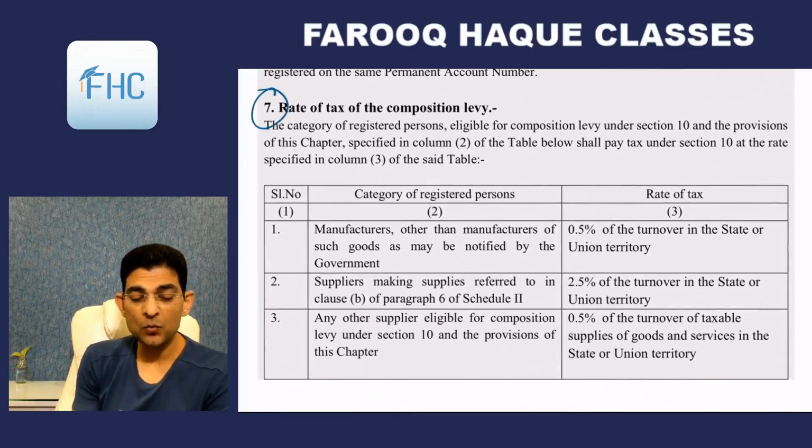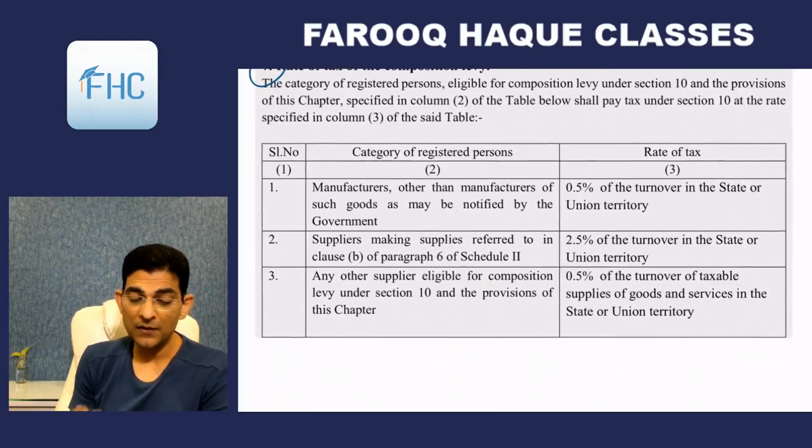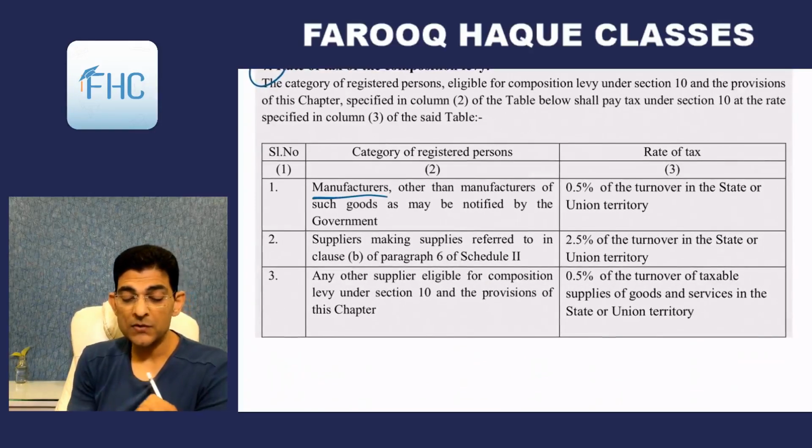Then you have to just remember rule 7, the actual rates of composition tax. So the actual rates are given here. Manufacturers other than manufacturers of such goods as may be notified, means the negative goods, the ice creams and tobacco, 0.5% of turnover in a state or union territory.